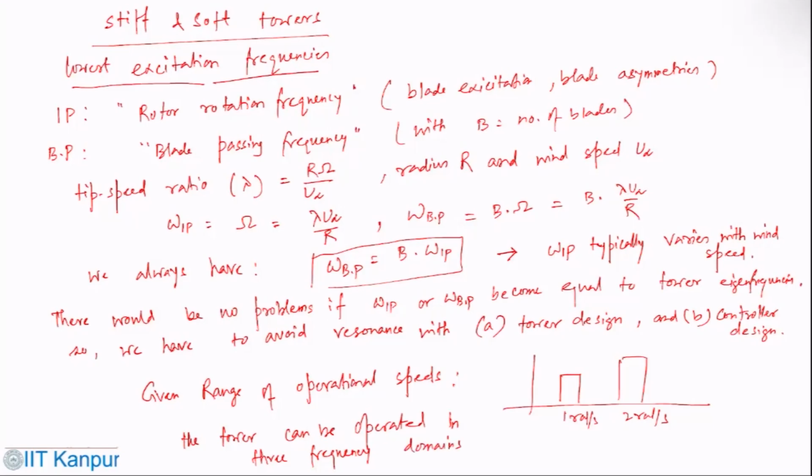Okay. So A, you can see there could be soft, which is if its lowest eigen frequency omega tower is in region A.